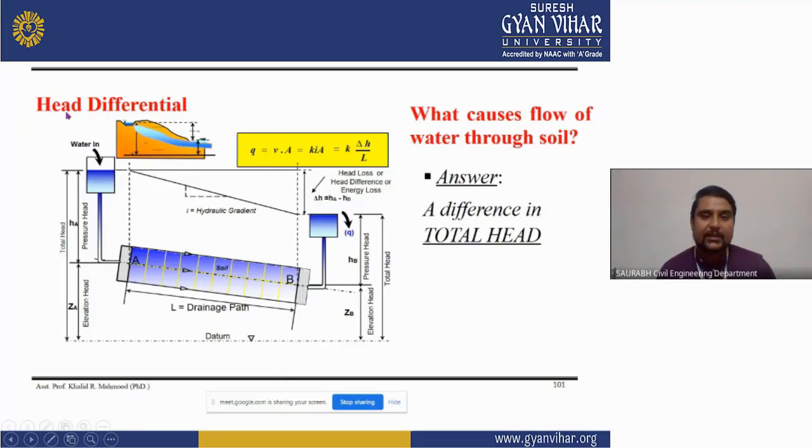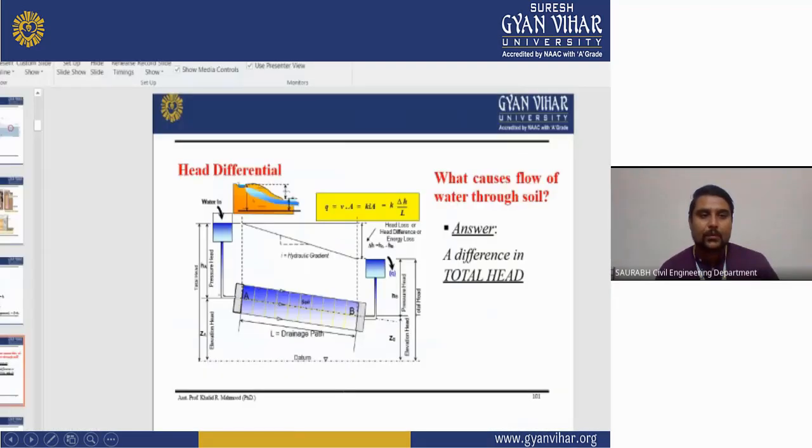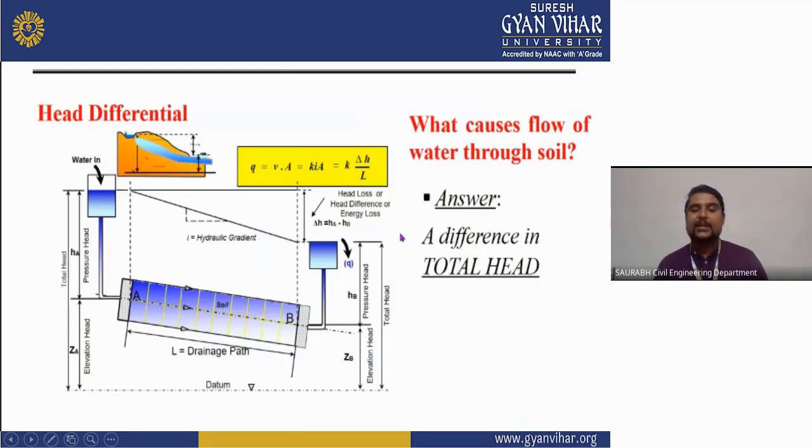Now we will see the head differences in the soil sample. What causes the flow of water through the soil? As you can see here, there is a difference in the total head.